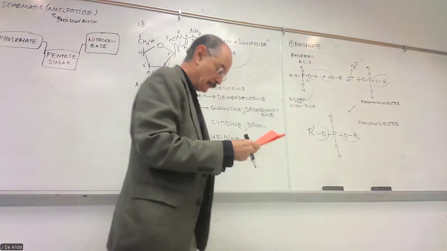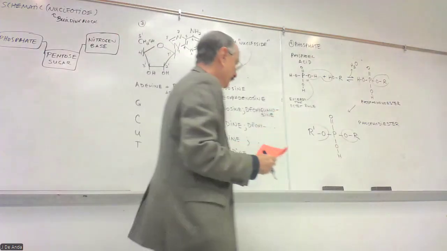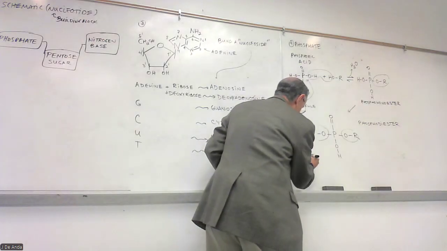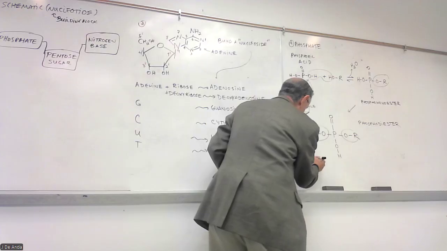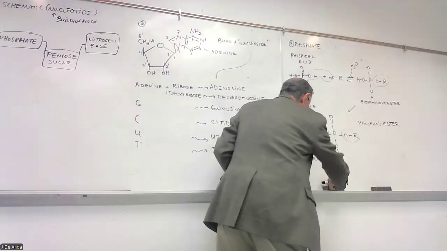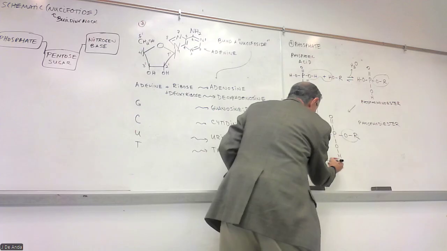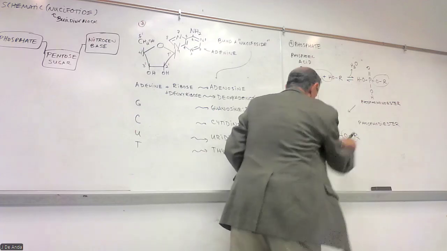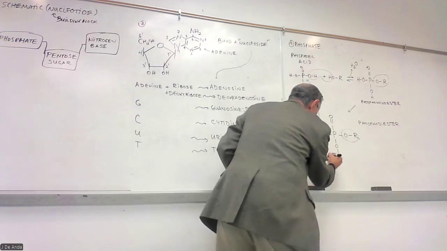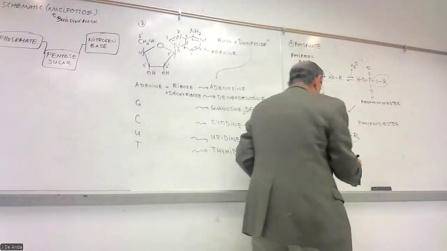Now, I want to remind you that you've seen this before. If R prime is a triglyceride, or actually let's call it a diglyceride, and R is an alcohol, we've seen these before, remember them? These are the so-called phospholipids.